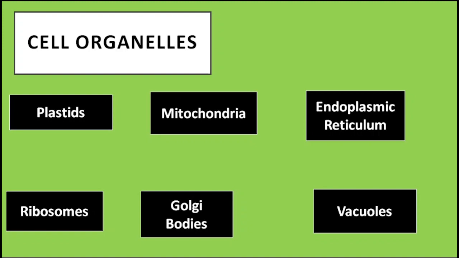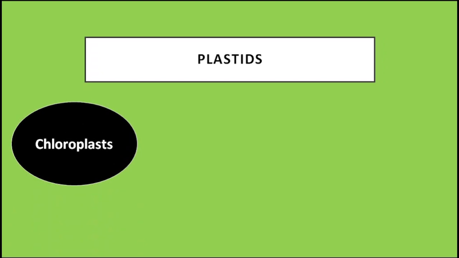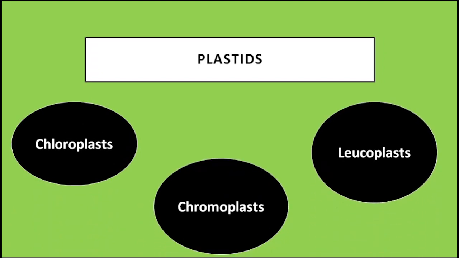So first let us begin with your plastids. Plastids are of three types, that is chloroplast, chromoplast and leucoplast. So we'll be reading one by one what are the special features of these. So let us begin with chloroplast.